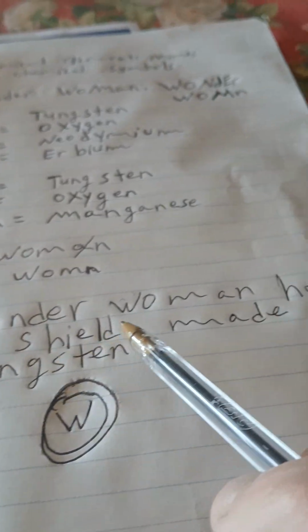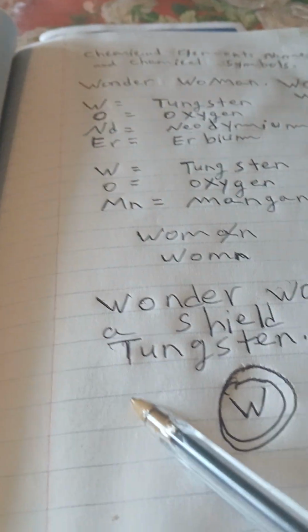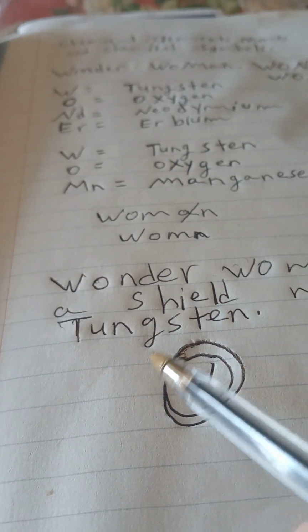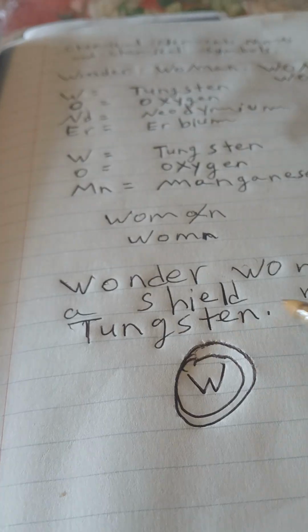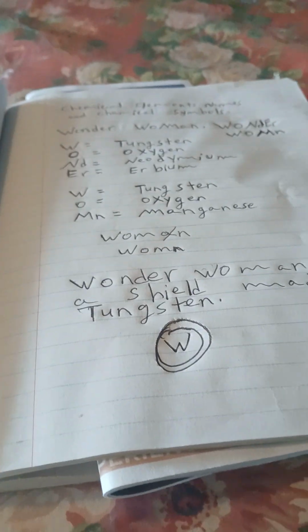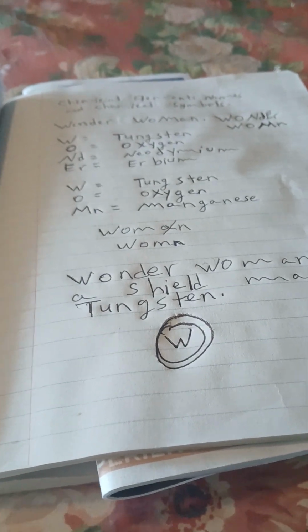And then the shield is made of tungsten. That's the material. So Wonder Woman has a shield made of tungsten. And there you go. You can remember that the capital W is for tungsten.